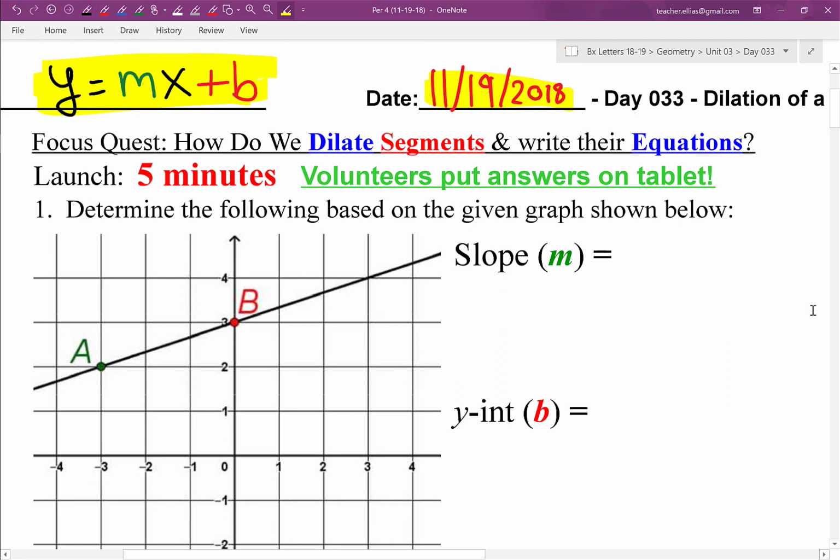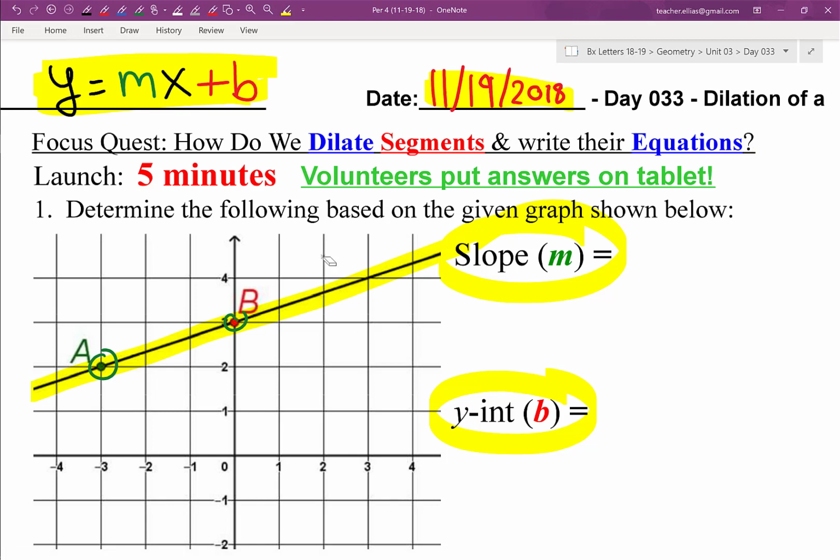To write the equation of a line, you need to get the slope and the y-intercept. It's important to realize it's the slope of the line. You're going to be dealing with 2 kinds of slopes today. That's where you're going to make your confusion. The slope of that yellow line is a rise of +1 and a run of +3.